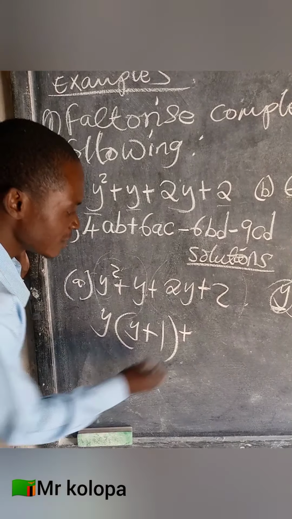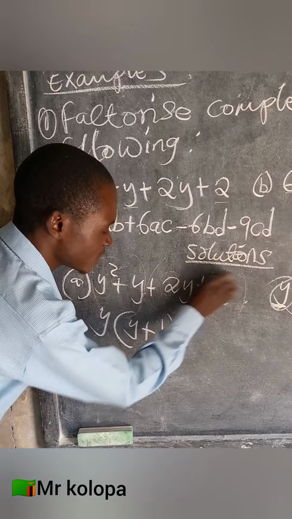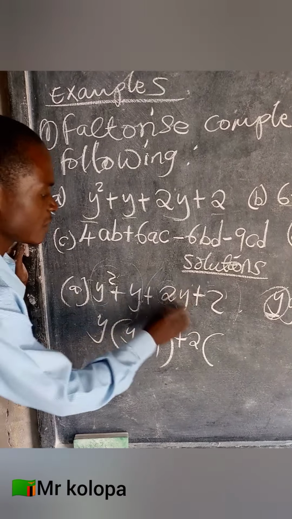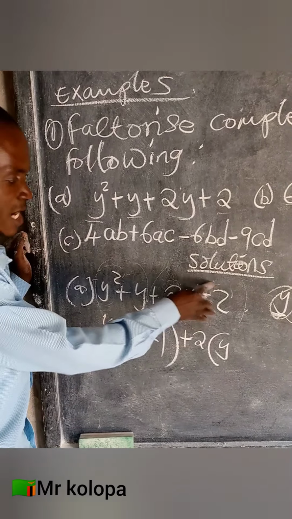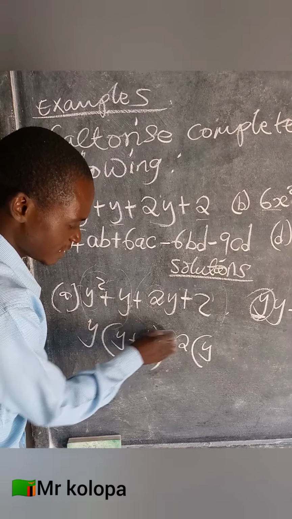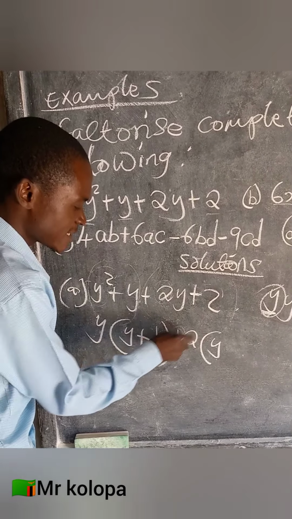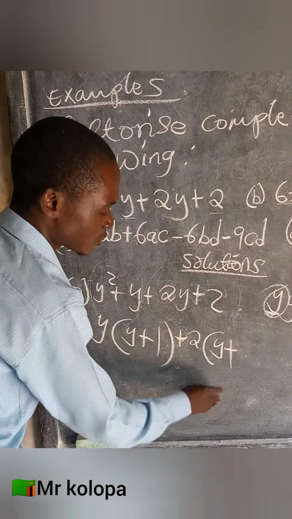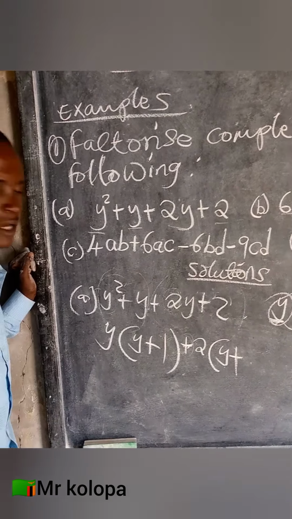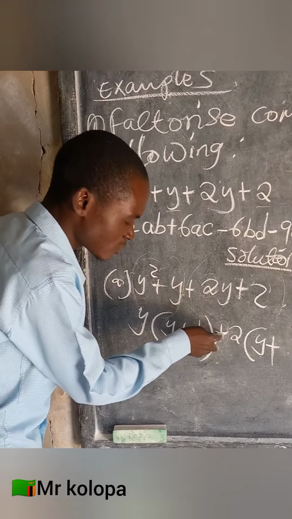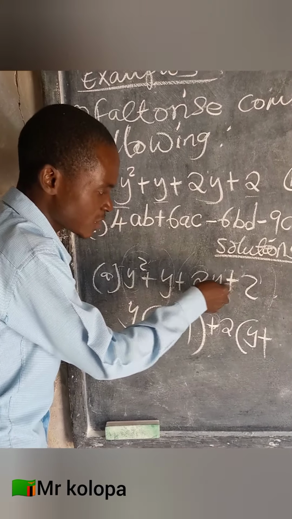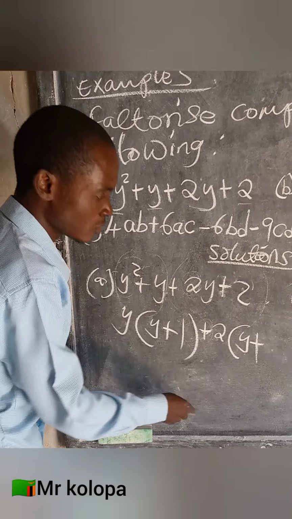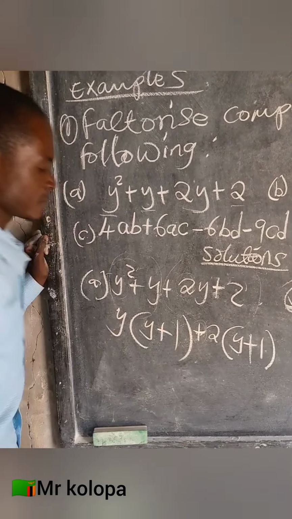Then what is common? The common there is 2. You can see the 2 there. You open the brackets there and remain with y. Before you write the sign there, make sure that you multiply this sign times that sign. Positive times positive, you get positive. That's the sign you are supposed to write. Don't just write the sign which is there. Multiply the sign that is outside together with what you have on top there. That's the sign you should write in the bracket. 2 into 2, you get a 1.